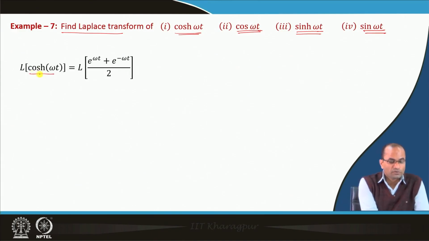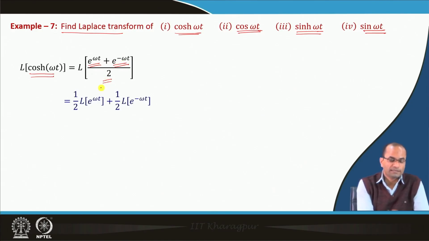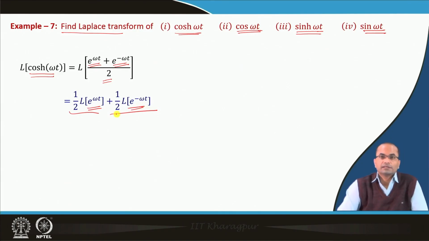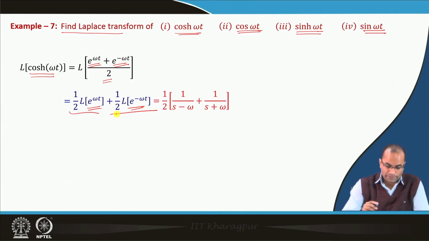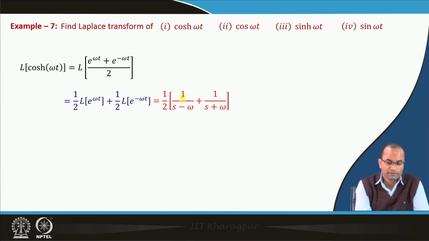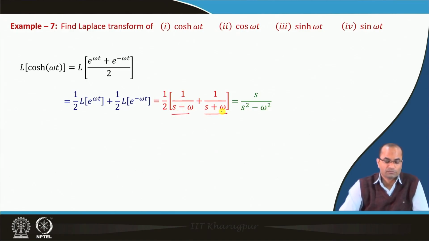For example, cos hyperbolic omega t is e power omega t plus e power minus omega t divided by 2, and then we can use the linearity property of the Laplace transform, and here we know the result of the Laplace of e power omega t. So, indeed now we have the Laplace here 1 over s minus omega and 1 over s plus omega.